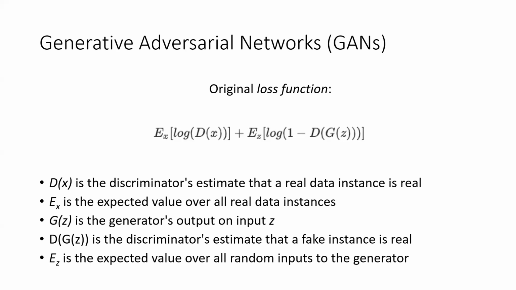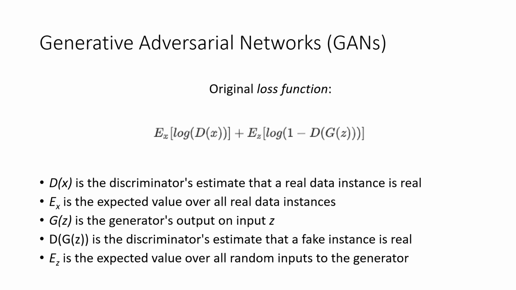That's the first part, because D(x) here is the estimate that a point from the original data set is real, and we take this over all the points in the data set. And it also learns to say that data that came from the generator are fake. That's the second part. That's why we have 1 minus D(G(z)).